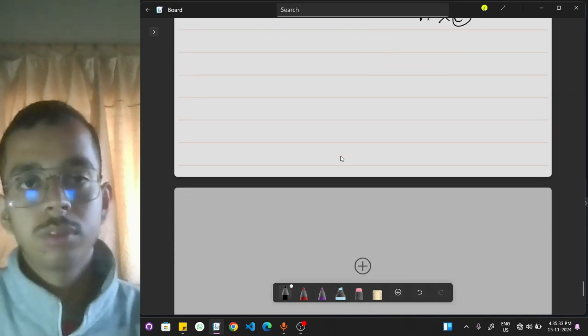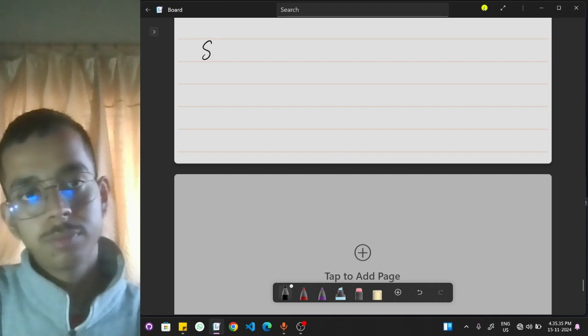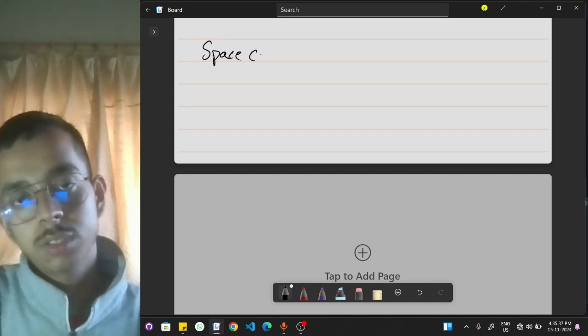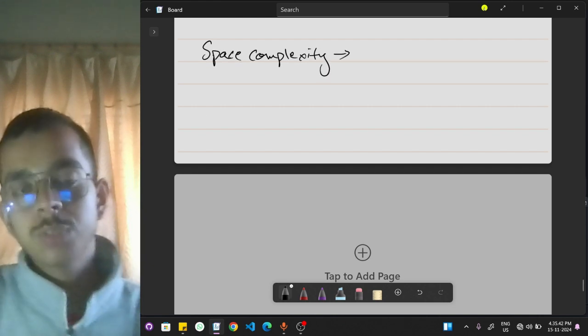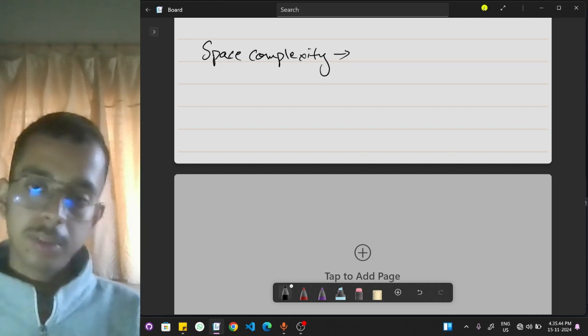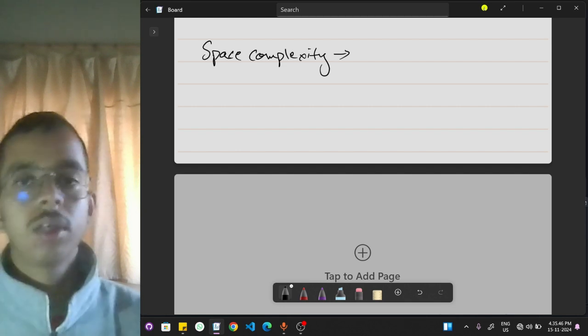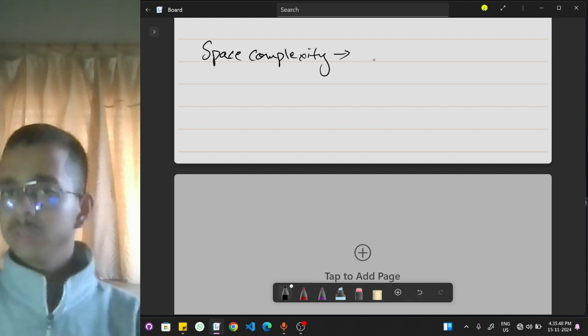Okay, what is the space complexity? Space complexity is the extra space taken by the algorithm to solve the problem. Only i and j are used and they take constant space.